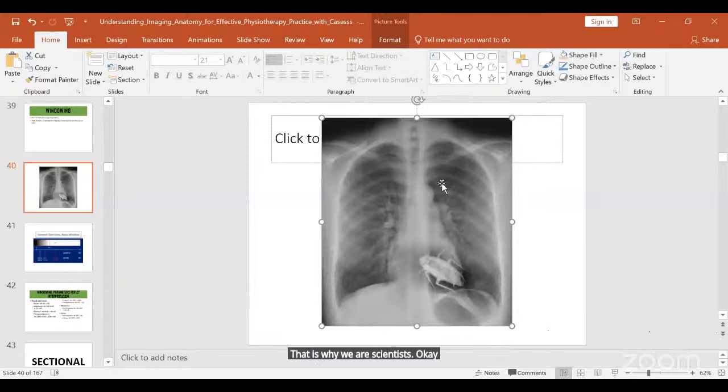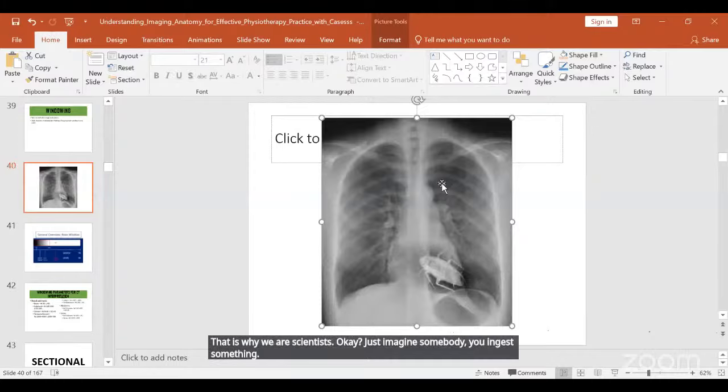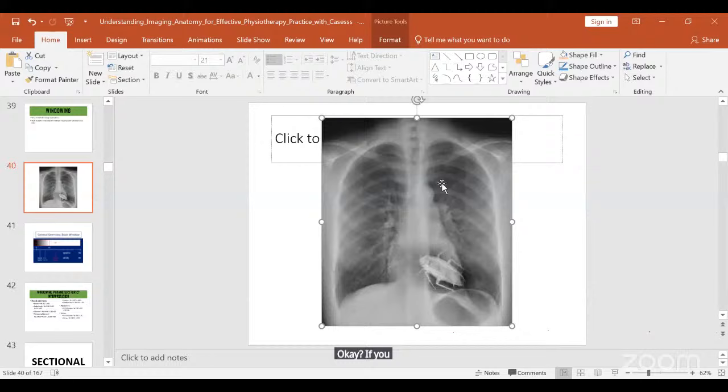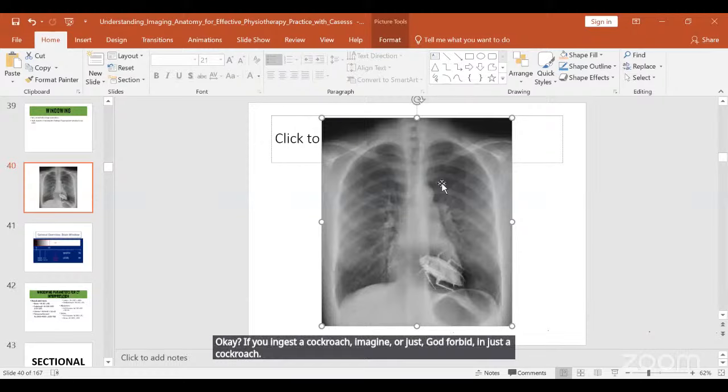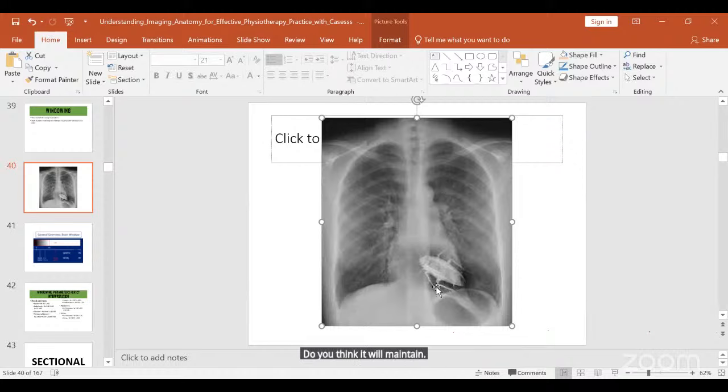Just imagine somebody ingests something. If you ingest a cockroach, God forbid, do you think it will maintain its shape, its legs, its wings? Definitely, it will lose some of the structures of its limbs. So it was not ingested.